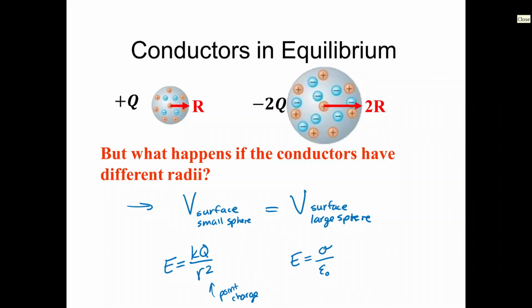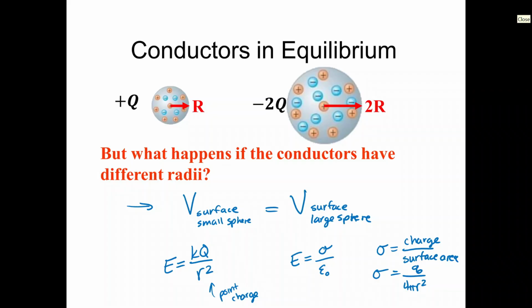So if we had a spherical conductor, our surface charge density sigma was equal to our total charge over our surface area. So that would be Q over 4 pi r squared.